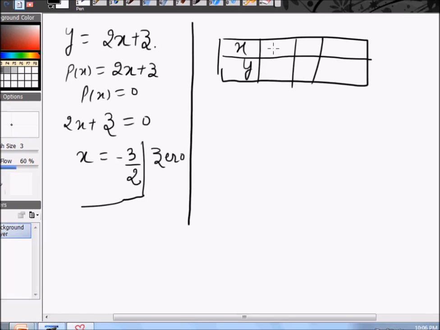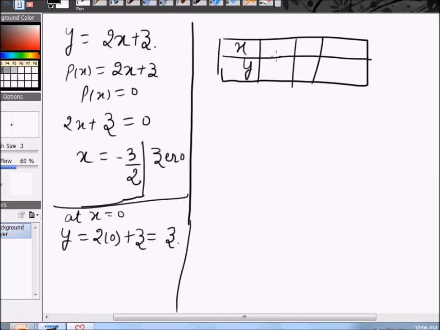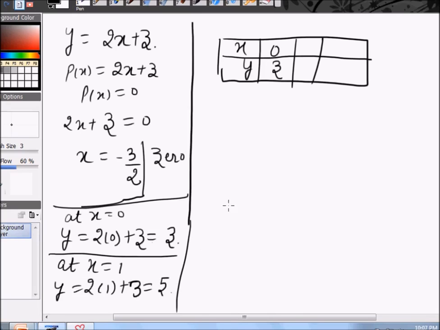Now, to tabulate this graph, let us find different values of y for different values of x. At x equal to 0, y equals 2 into 0 plus 3, which gives us 3. Therefore, at x equals 1, y equals 2 into 1 plus 3, which gives us 5.